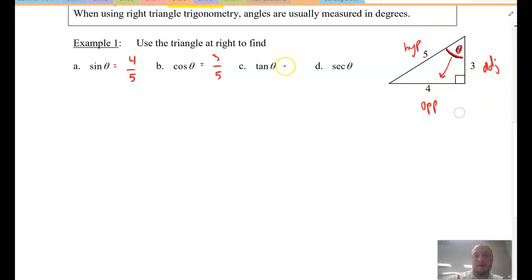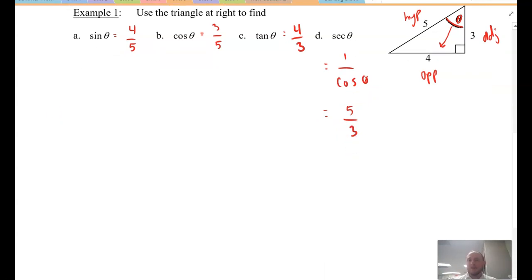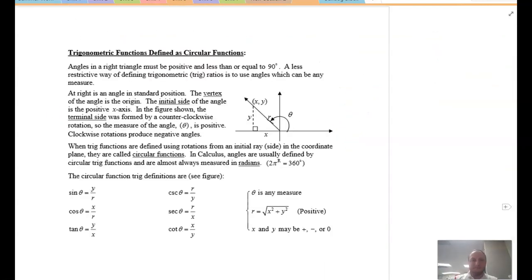So 4/3. And secant theta is equal to the reciprocal of cosine theta. And that is just 5/3. All right, so very, very foundational things.